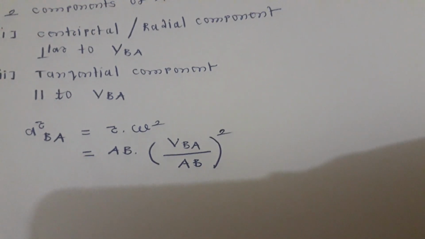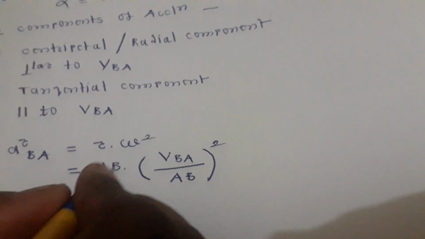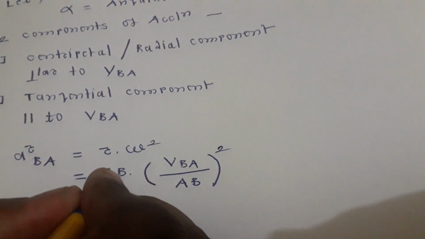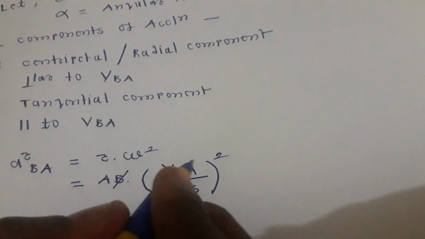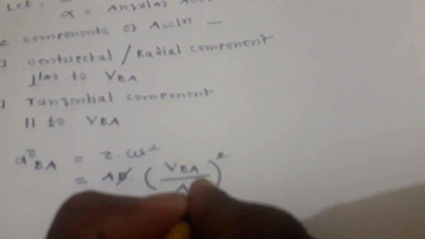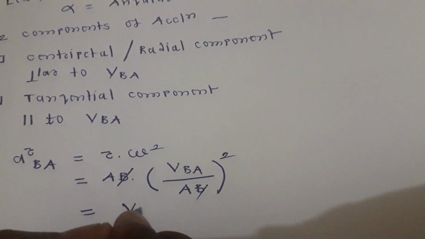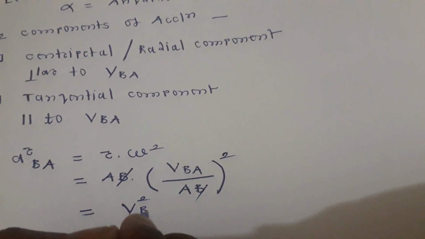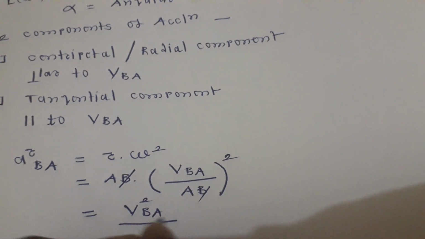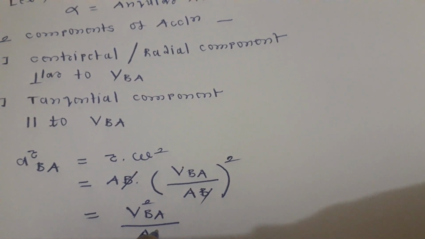If you calculate this, AB and AB will get cancelled, and I will get V square BA divided by AB.